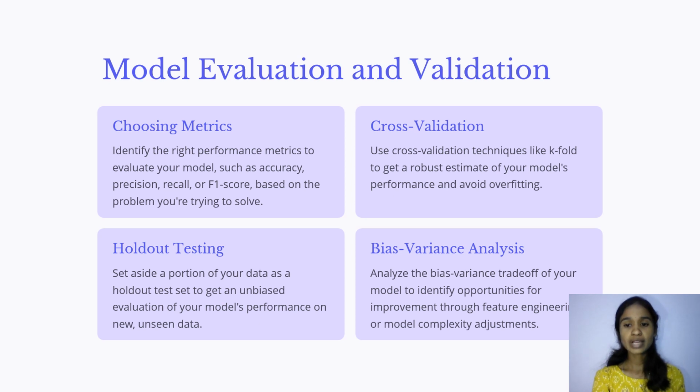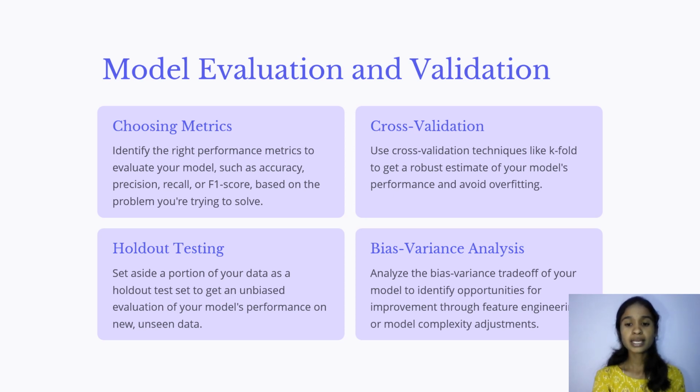Use cross validation techniques like K-fold to get a robust estimate of your model's performance and avoid overfitting. Next, holdout testing. Set aside a portion of your data as a holdout test set to get an unbiased evaluation of your model's performance on new and unseen data.